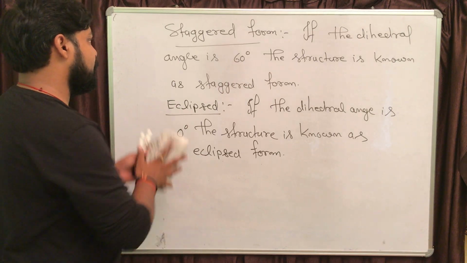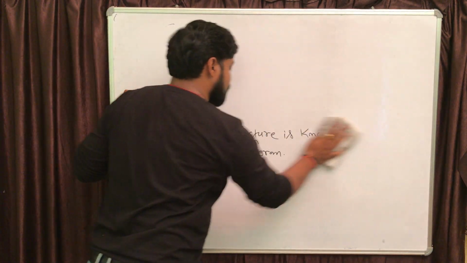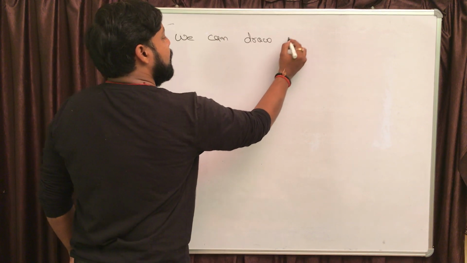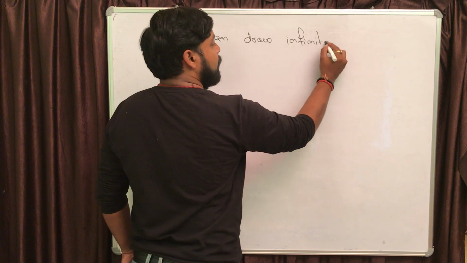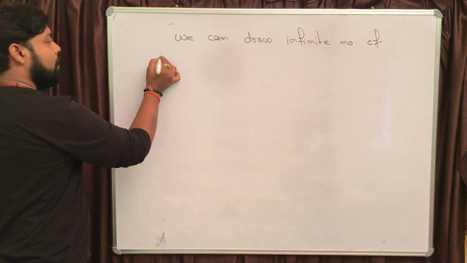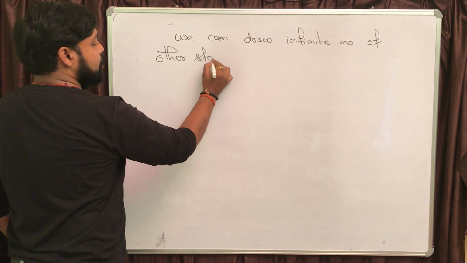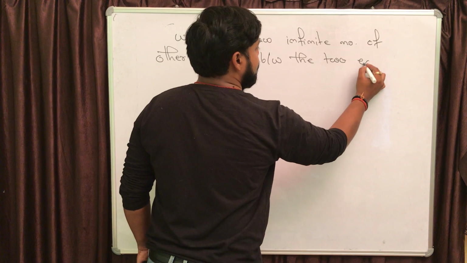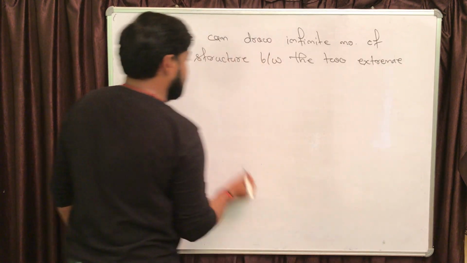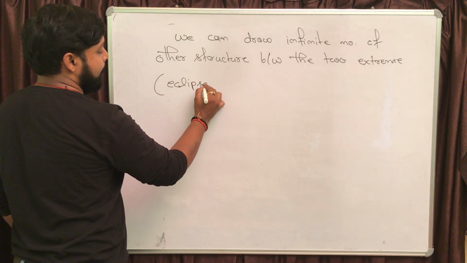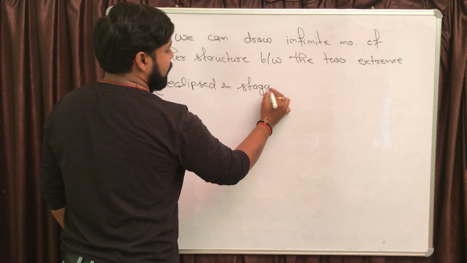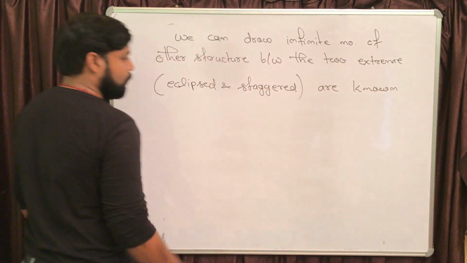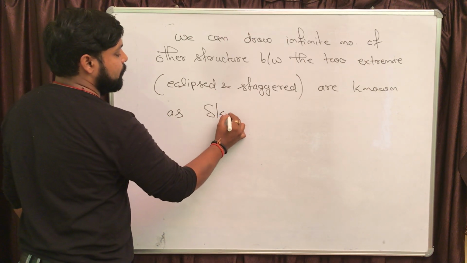Next, an important point: we can draw infinite number of other structures between the two extremes, that is eclipsed and staggered, and they are known as skew conformers.